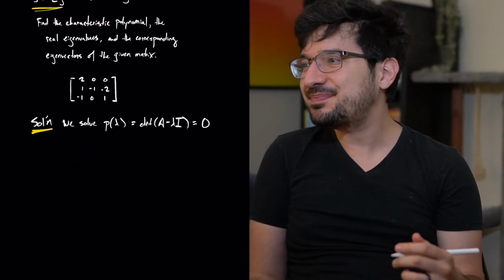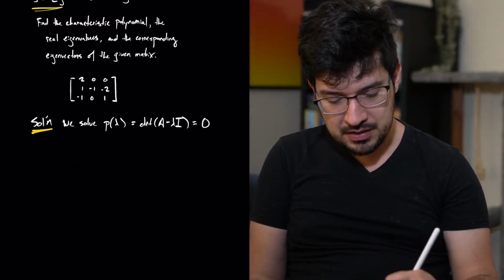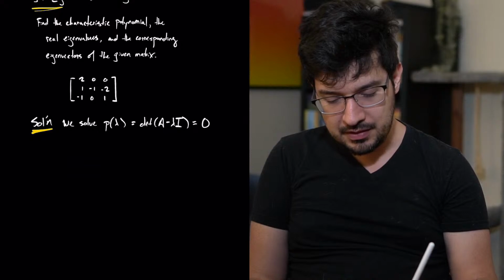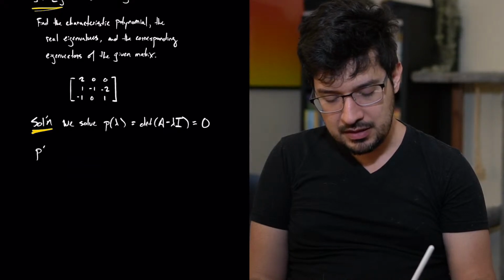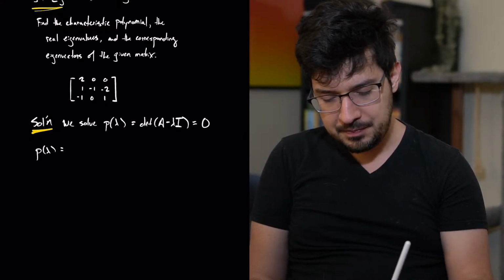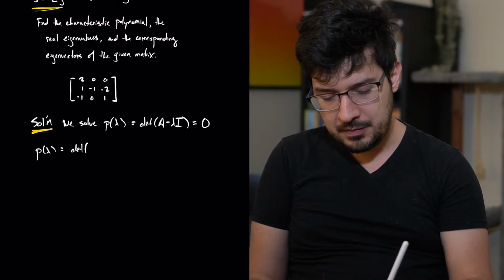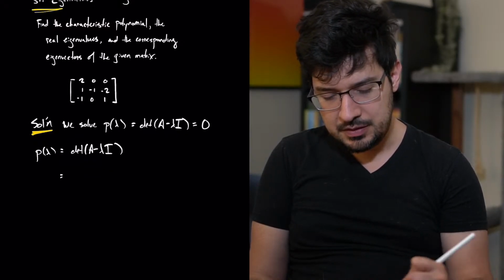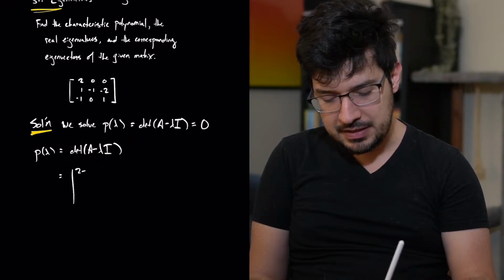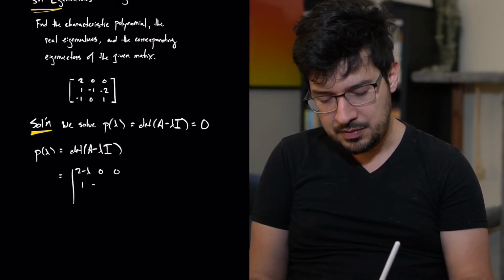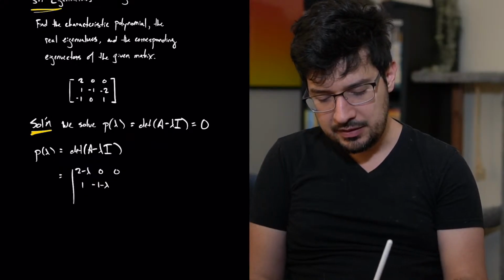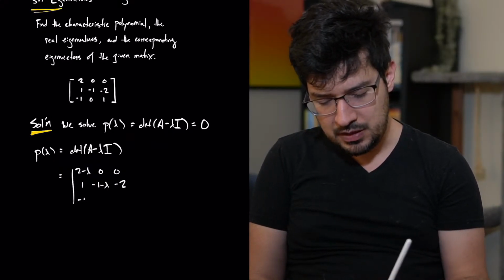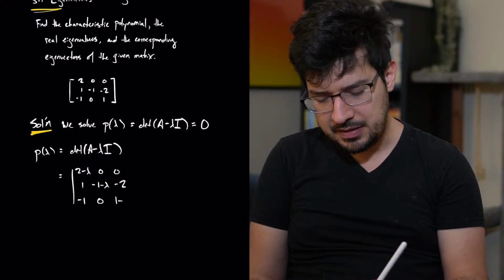Nah, whatever. Okay. So the determinant of A minus lambda I is the determinant of the matrix with rows 2 minus lambda, 0, 0; 1, negative 1 minus lambda, negative 2; negative 1, 0, 1 minus lambda.